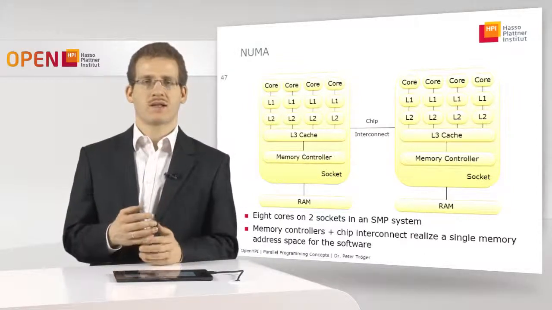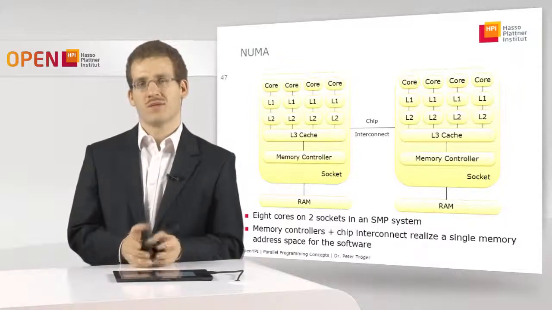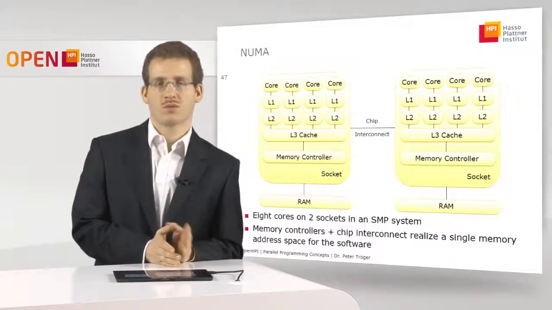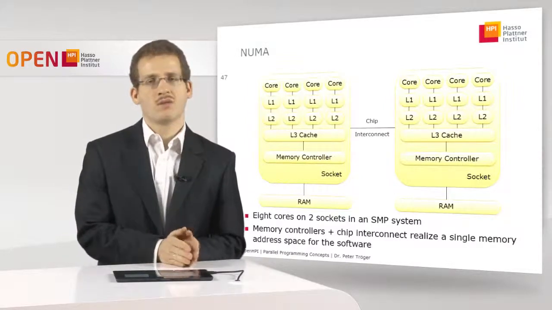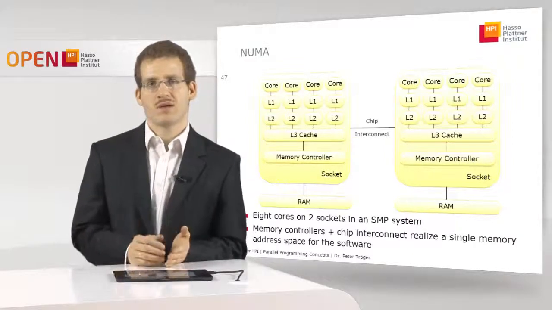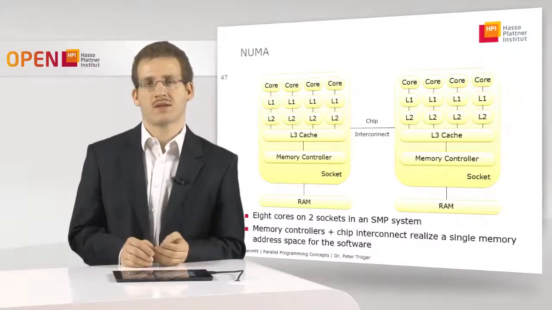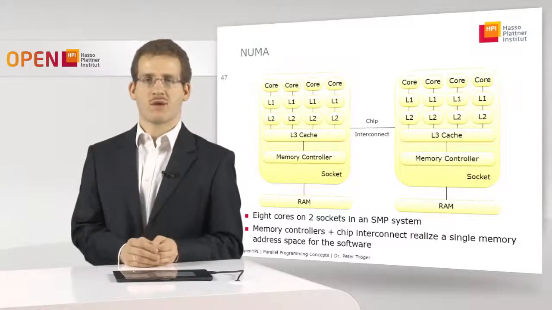This leads to the fact that the access time to main memory may differ. So you may have fast accesses to your own local memory that is directly attached to your physical processor, or you may have a little bit longer time for the access to memory when your read or write attempt has to travel over the processor interconnect network to another memory module.